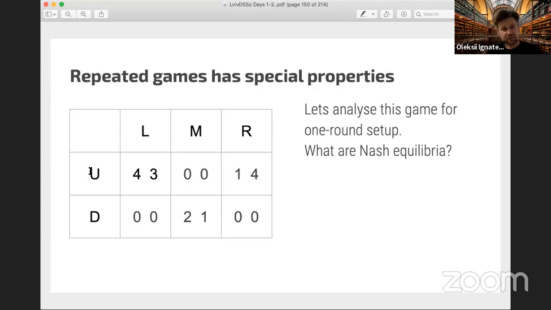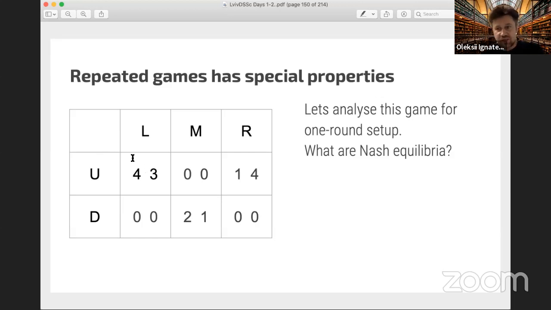So a repeated game has special properties, and one of the properties comes from the multiplication of strategy spaces. A repeated game is a game in extensive form, but you play the same matrix on each step. So you have a simplified version of this.